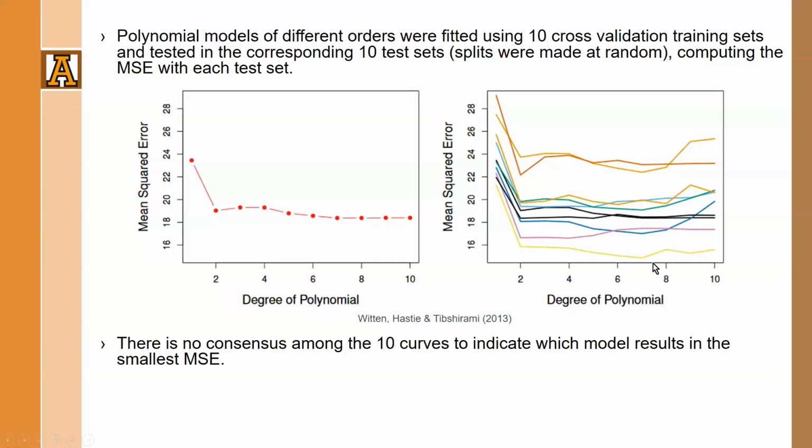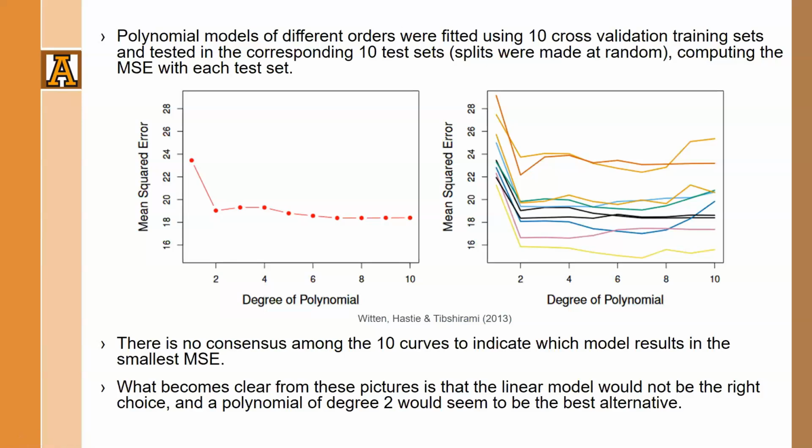There are some cases, for example this one, where polynomial degree 7 gets very good results, but in this sample it's really bad. So in all these cases there seems to be a minimum around polynomial degree 2, but there's a lot of variability.